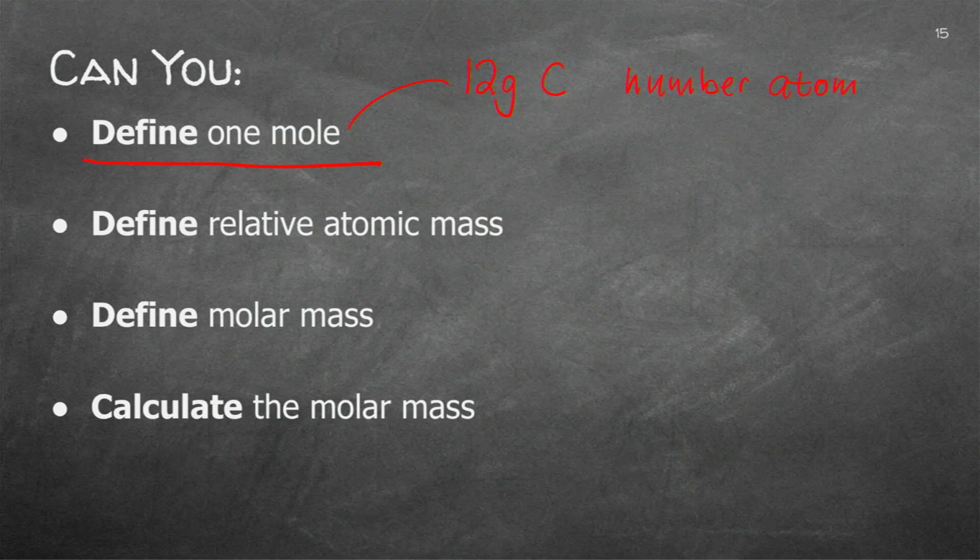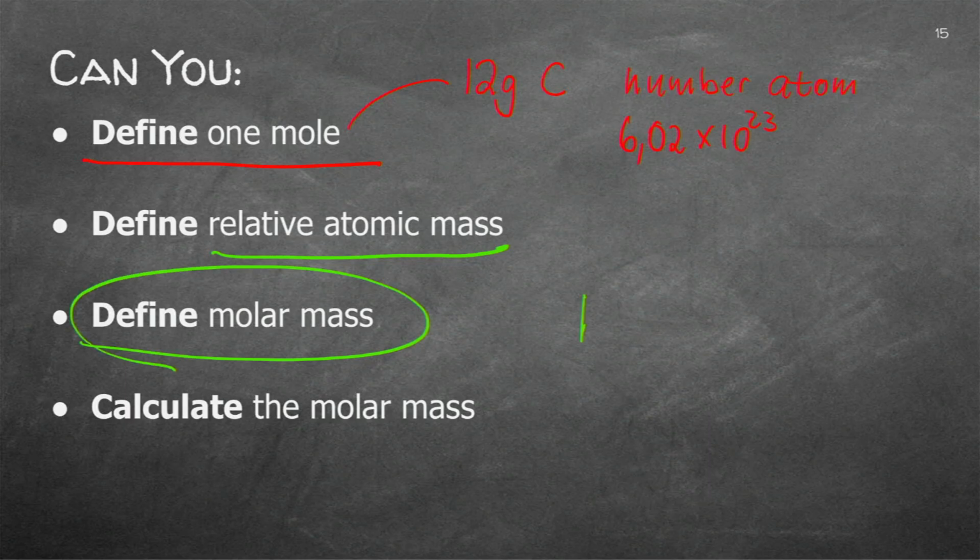Here I've got 6.02 times 10 to the 23rd, giving me the number in a mole. You'll have to be able to define relative atomic mass, define molar mass, and remember the calculations we did was with this specific equation, which is on your information sheet.